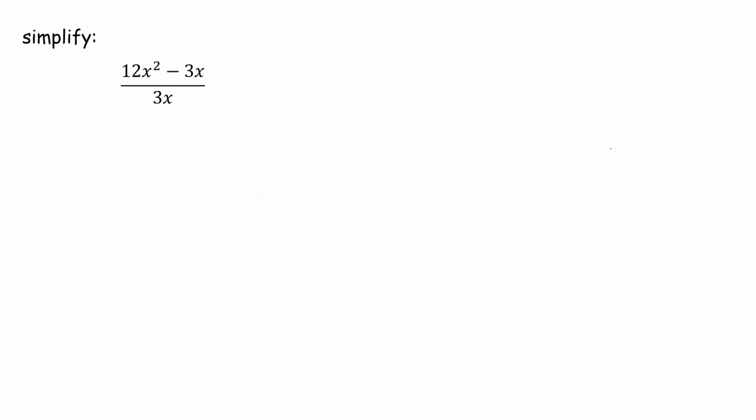All right, again, I have a fraction. I want to cancel a common factor. All of these numbers here, 12x squared, 3x, 3x, they all have a common factor of 3x. So I'm going to factor out 3x. If I take out the 3x for the first term, I'm left with a 4, because 4 times 3 is 12, and an x factor, because x times x is x squared.